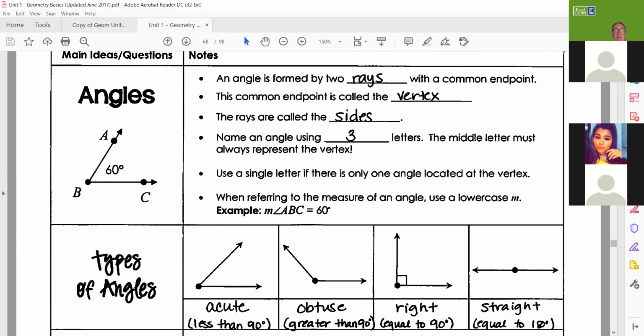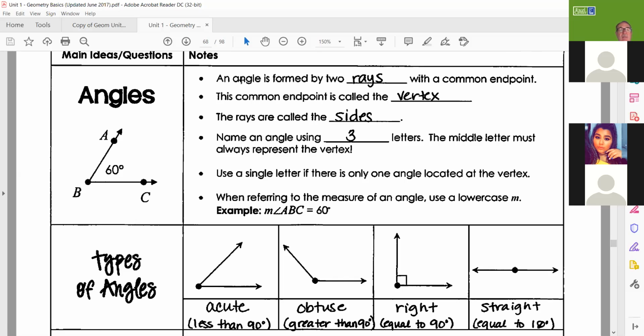But some of it goes back to the original definition sheet also. Like if you look in the middle of this page here, the types of angles: acute, obtuse, right angle, straight angle, those are all in the definitions. It's just giving you a graphic representation.